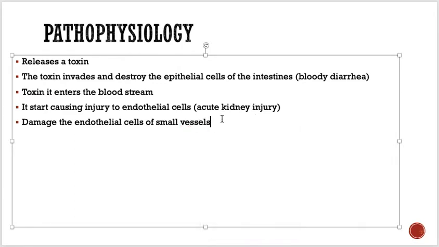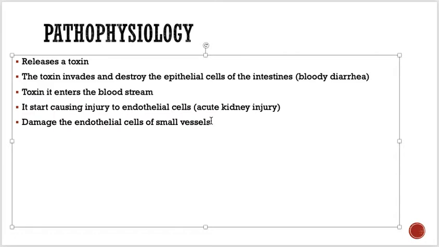the endothelial cells in the small vessels hold many products. If you know about clotting, whenever someone gets injured, von Willebrand factor is released from the endothelial cells.